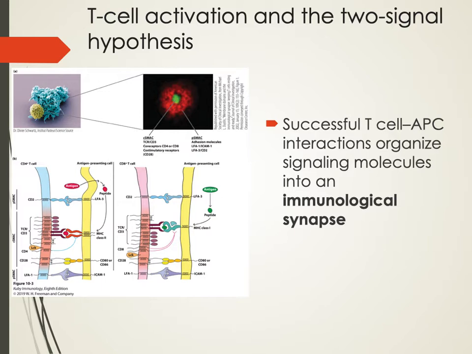We have LFA1, but then on the antigen presenting side, we also have molecules that are going to interact with those. We'll look more at those molecules in a moment, but I just wanted to point some of those out. Now, when we look at our CD8 T cell, which is on the right side of that lower panel, again, we can see that we have these surface molecules that are present on them, and we also have those molecules that are present on our antigen presenting cell.